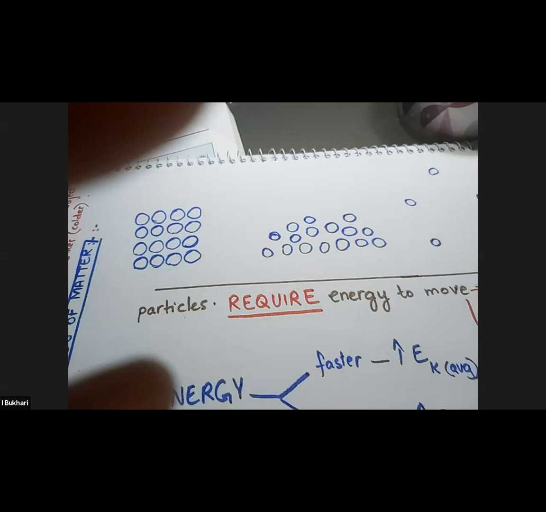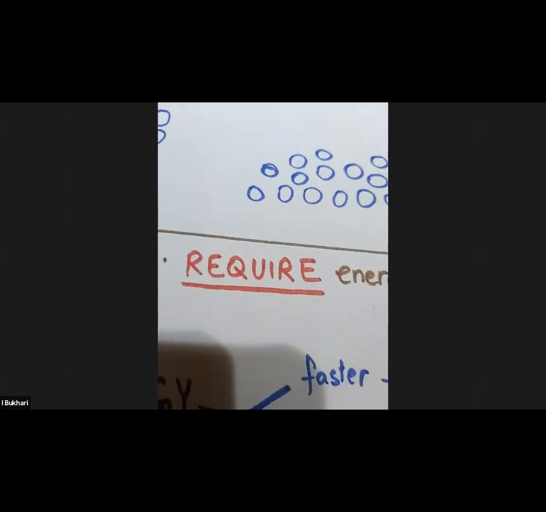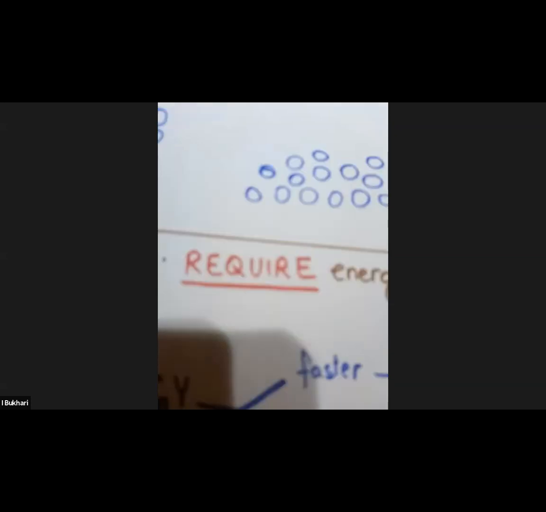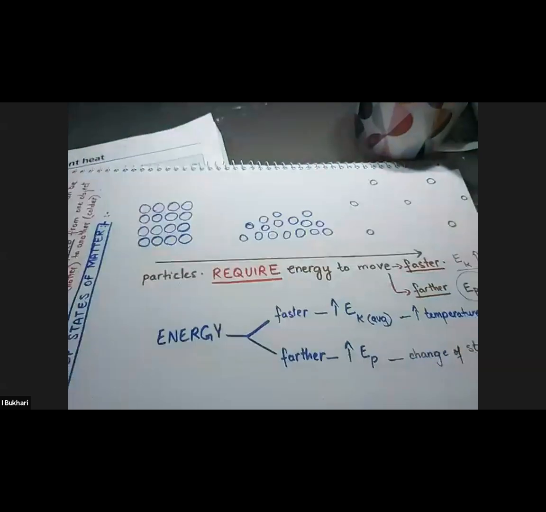So explain to me in terms of these particles. My question is why does the potential energy increase as the distance between the particles increases? Hala said that potential energy is also elastic energy. Yes, they do move far apart, but why does the potential energy increase? That's the question.